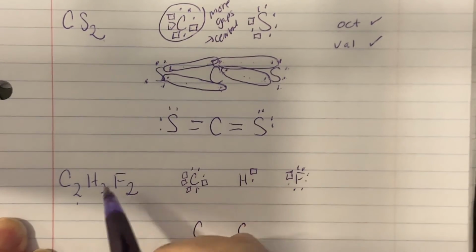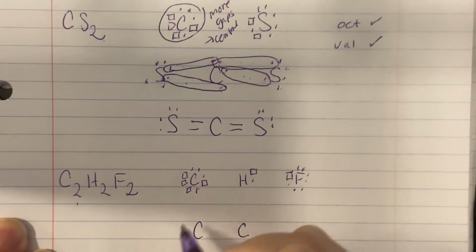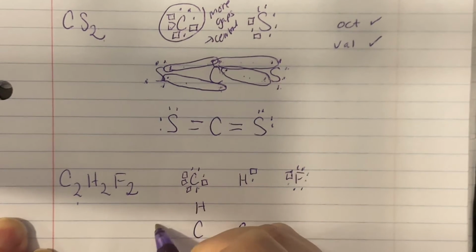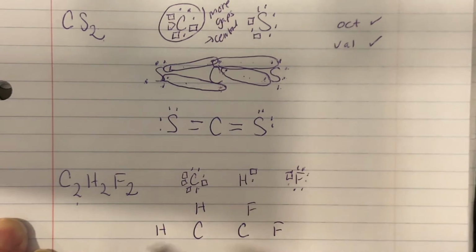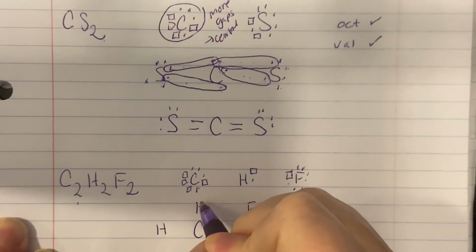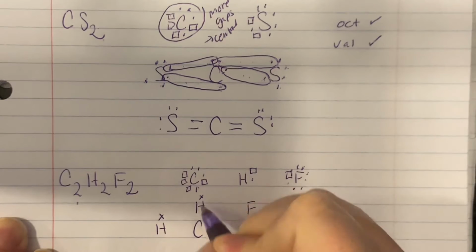And then where you put the H's and the F's, that's up to you. Okay, just make sure you're spreading them around. Okay, right. And let's put in our electrons.